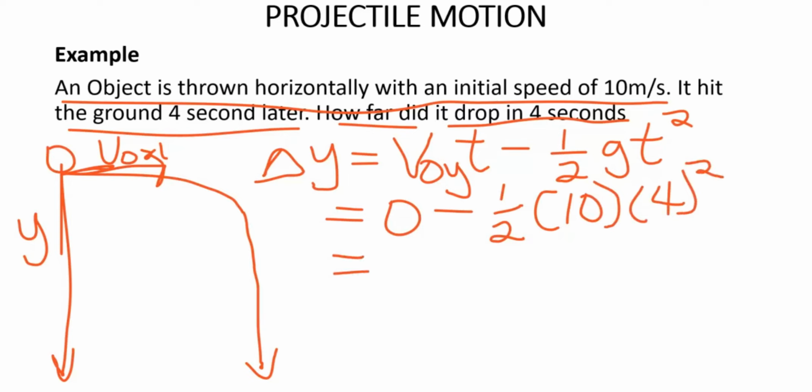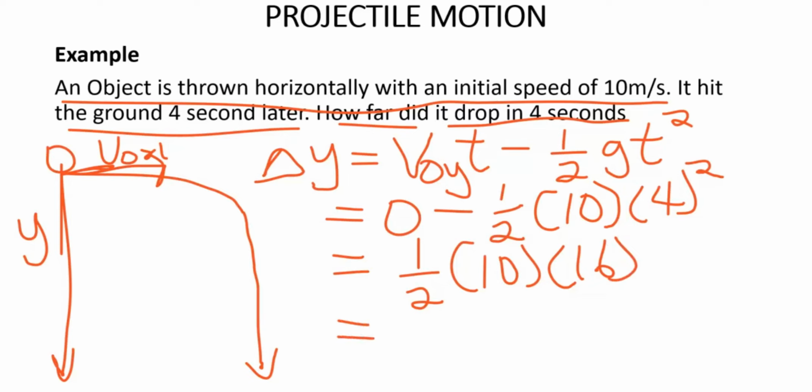So it will be half times 10 times 16, and when we multiply that, it will give us negative 80 meters.